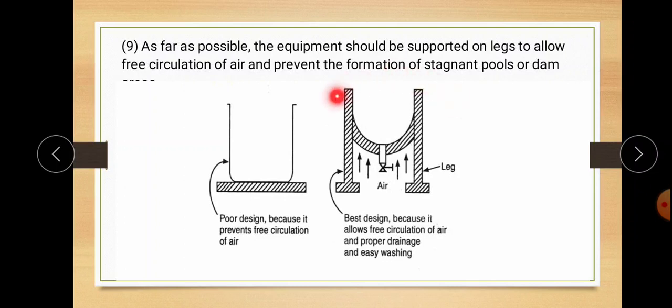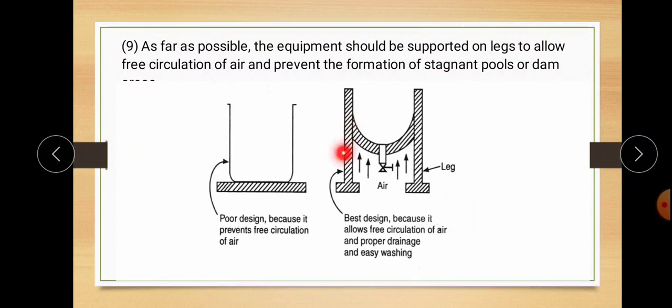But suppose we consider this design. This is a tank of water in which legs are provided, and there is some area through which air is supported here, and hence there is no aeration difference.